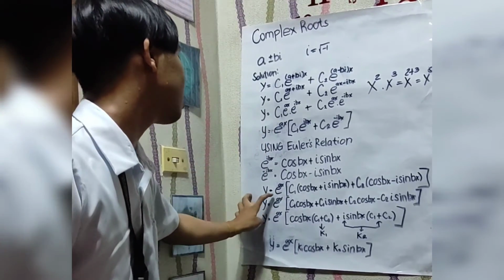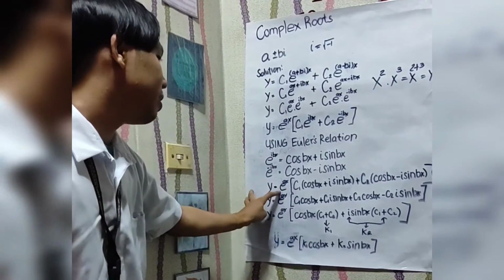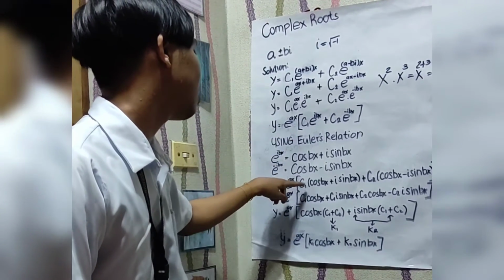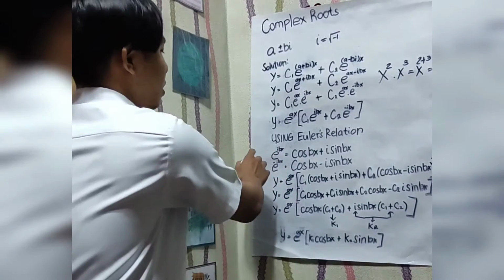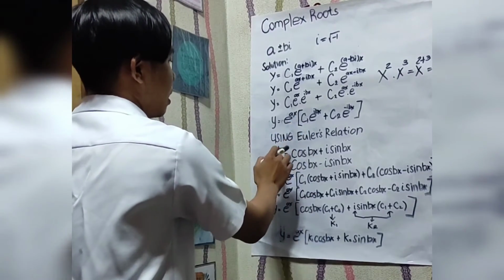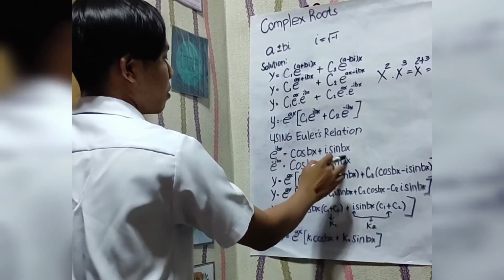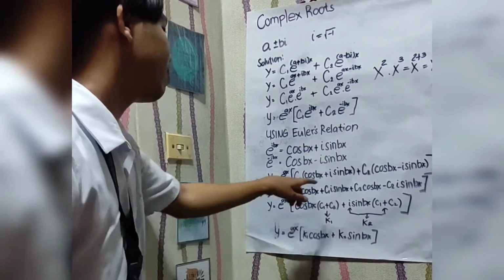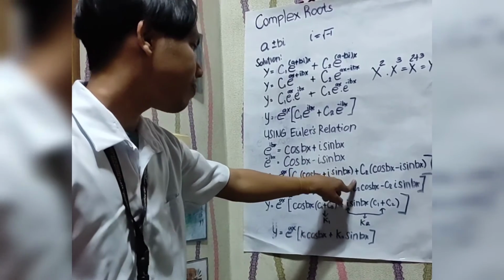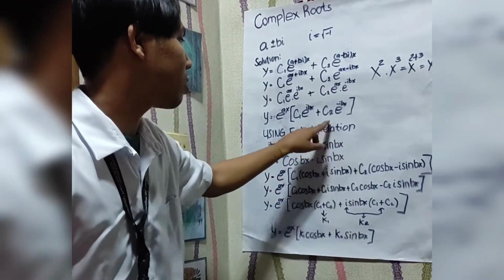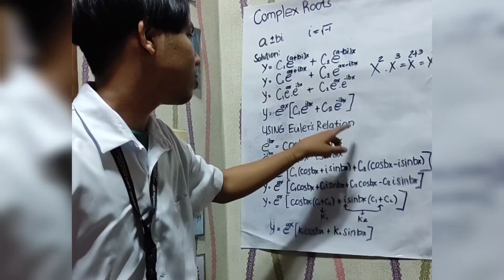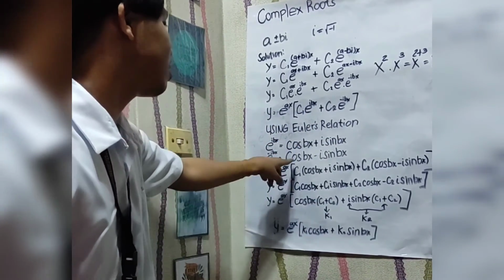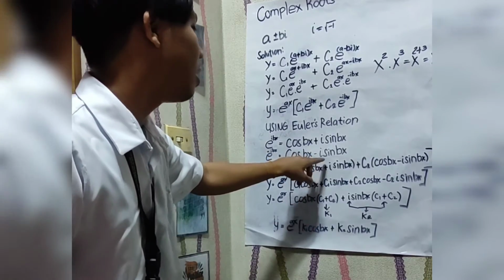So y equals, just copy, e raised to ax times c1, then we replace e raised to ibx with cosine bx plus i sin bx. Plus c2, copy, then e raised to negative ibx is equal to cosine bx minus i sin bx.